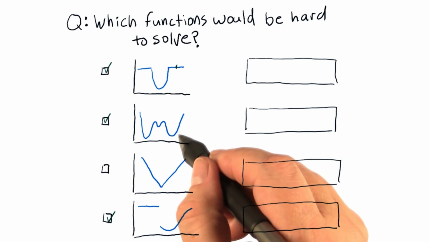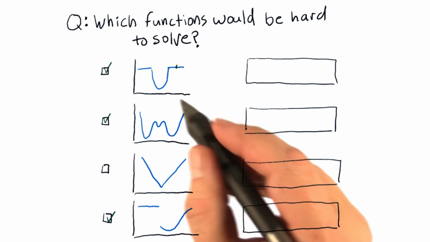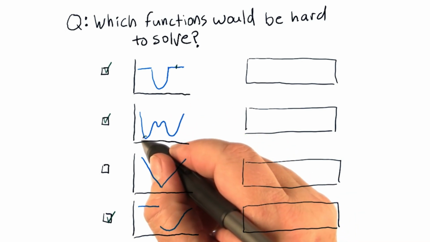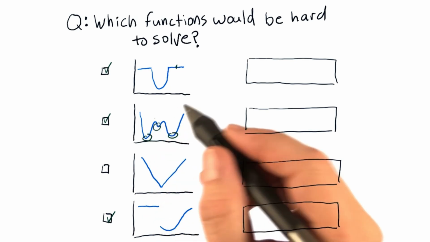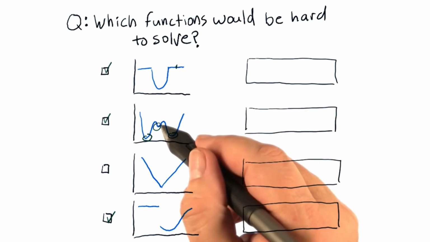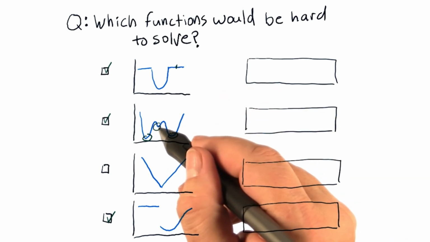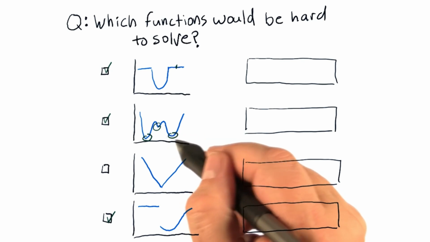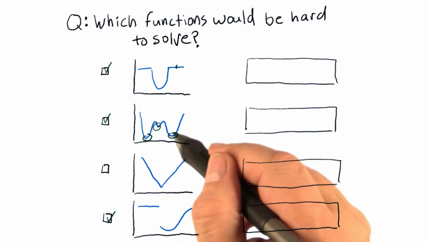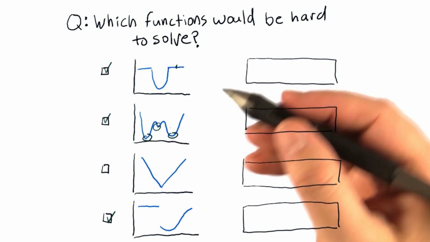This one is difficult for at least 2 reasons. One is it has several local minima that aren't necessarily the global minima. So it might iterate and find, say, this as a minima, but notice that actually there's these other 2 that are actually smaller.